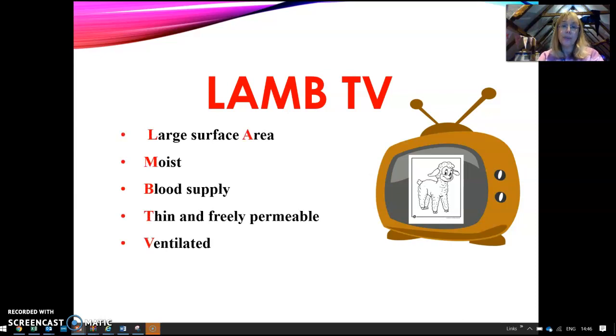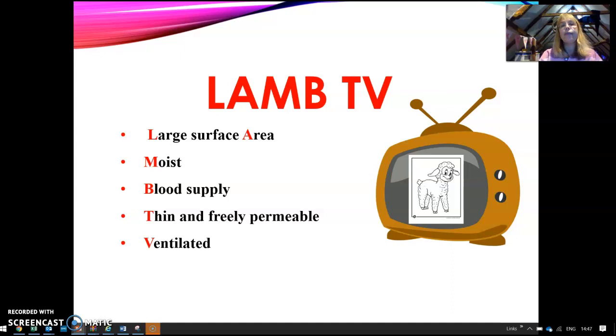So a large surface area created by the alveoli. There's a layer of moisture to allow the gases to dissolve and move across the wall, or the cells of the alveoli. It has a really good blood supply, so that it maintains that concentration gradient, so the diffusion happens quicker.